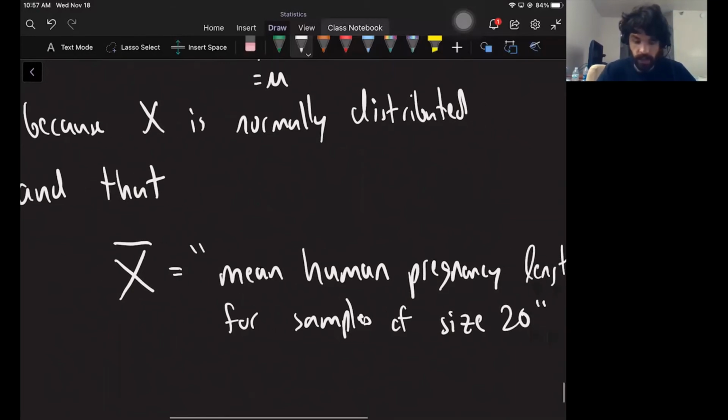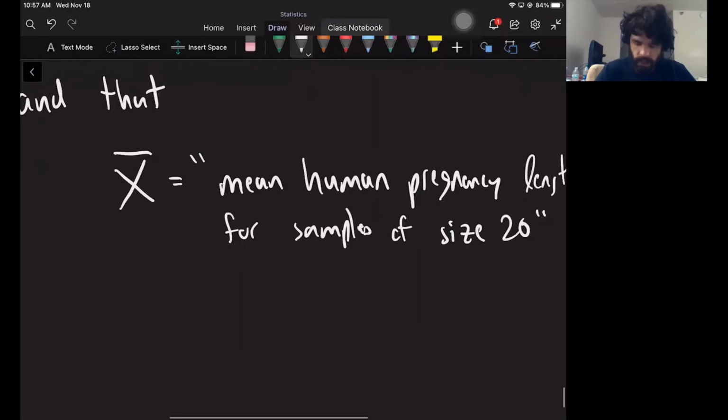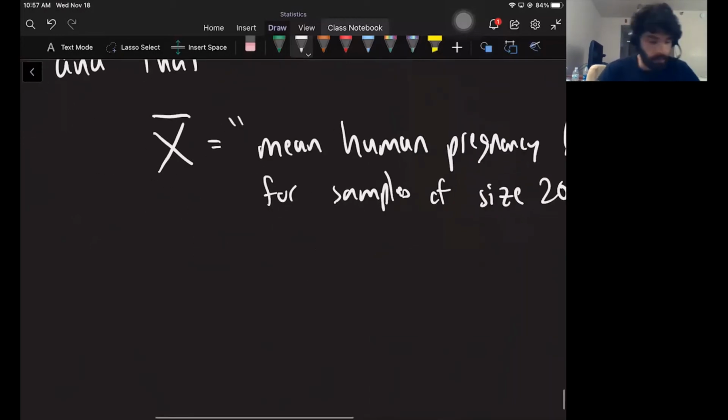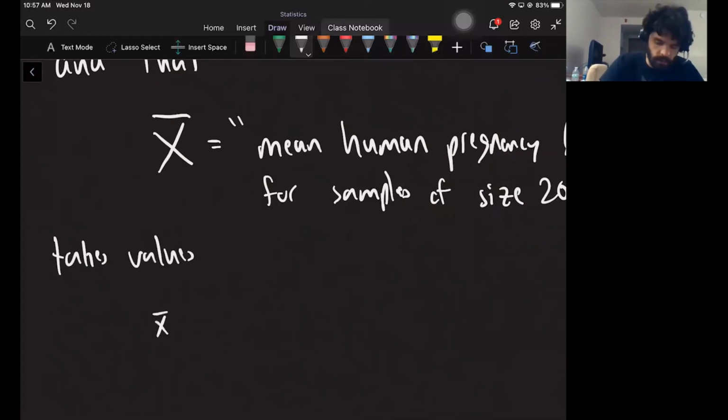And so this is a random variable. So it takes values, it takes numbers, as it can be different numbers. And those values that it can take, we call little x bar.